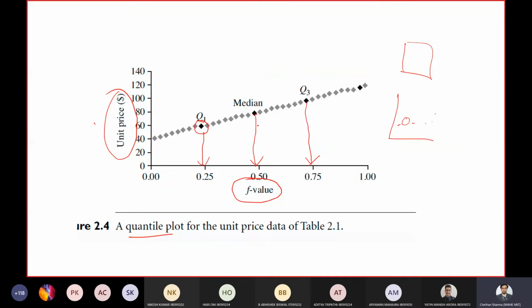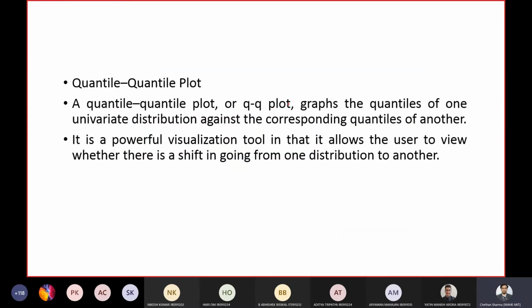So you will be getting something like this. This is called your quantile plot. The value corresponding to 25 is your Q1, corresponding to 50 is the median, and corresponding to 75 is your Q3.